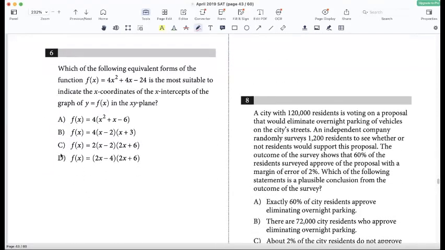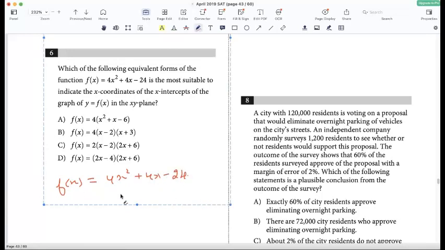Which of the following equivalent forms of the function is the most suitable to indicate the x coordinates of the x-intercepts of the function? So we have f of x is equal to 4x squared plus 4x minus 24. And since we want to mention the x-intercepts, we should produce the factor form.